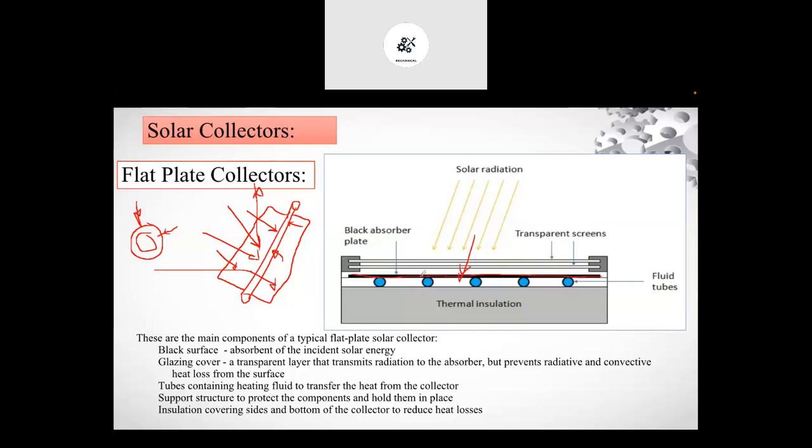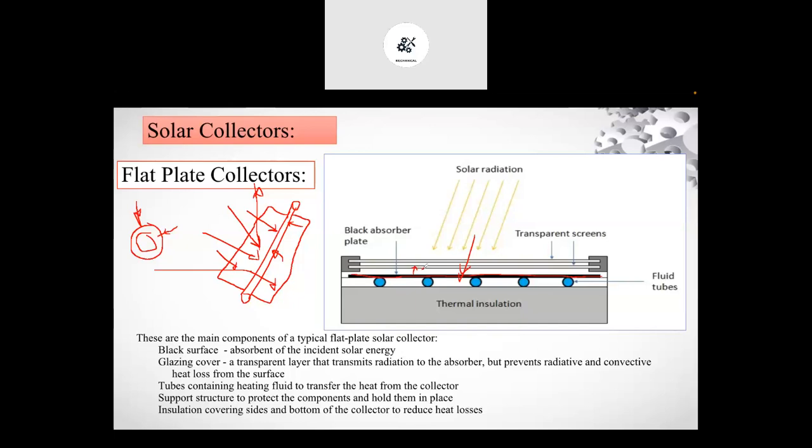Now if we consider this surface as a black body, in practice it does not work as 100% a black body. It is near to a black body, but some part of the radiation is still reflected back from that surface.